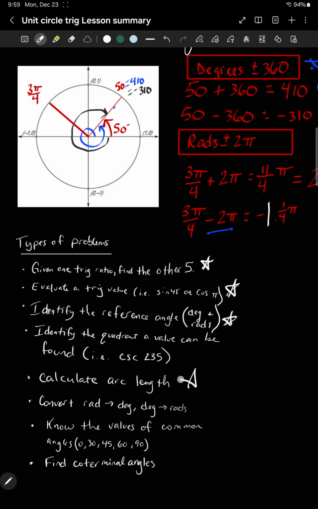Can we also calculate the arc length of a given degree or radian measure? To do some of this stuff, we're going to need to convert from radian to degree or degree to radian. And then in general, we should really know these values of the common angles, 0, 30, 45, 60, and 90. And then we're able to move these around the unit circle based on the things we talked about above.